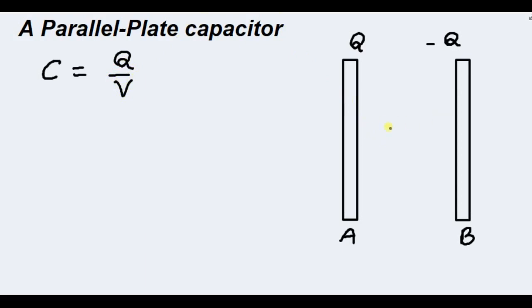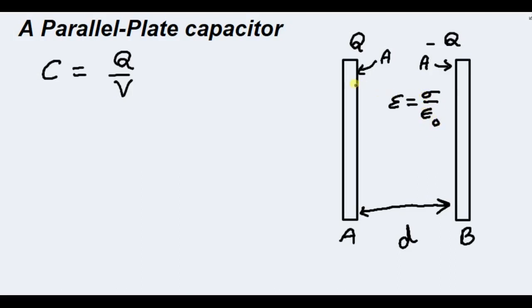Let the distance between these two plates be D. D is the distance between these two parallel plates, and suppose the surface area of these plates is A. The surface area of this plate is also A. And electric field between these two plates is E. By definition, E is equal to sigma upon epsilon naught.